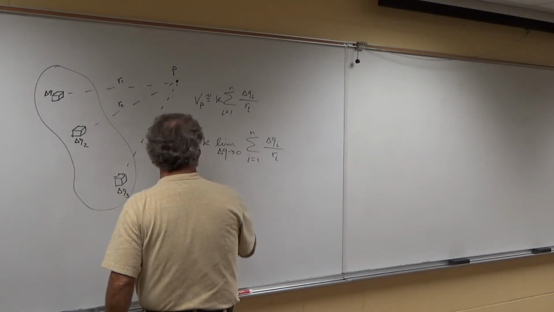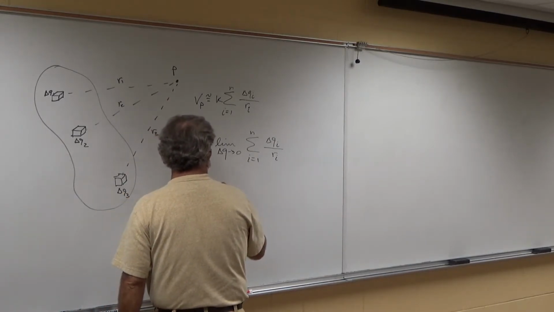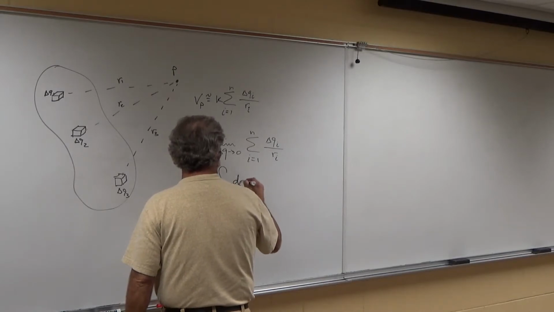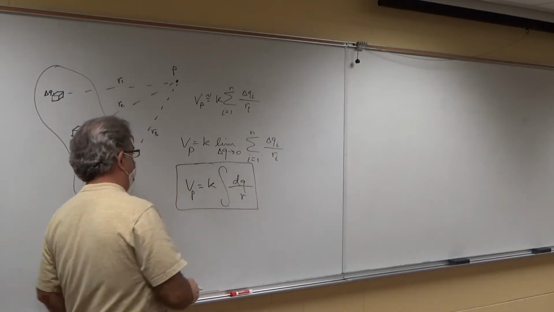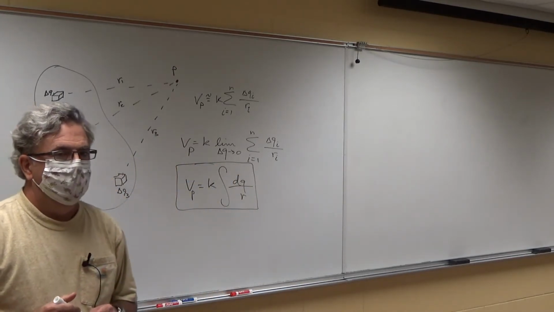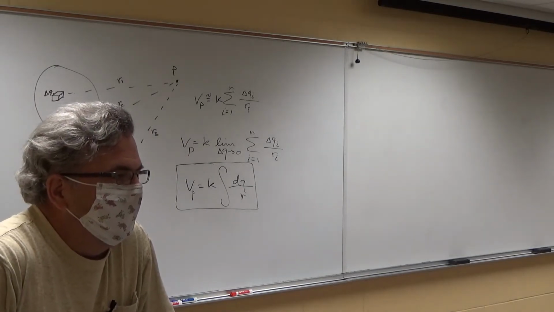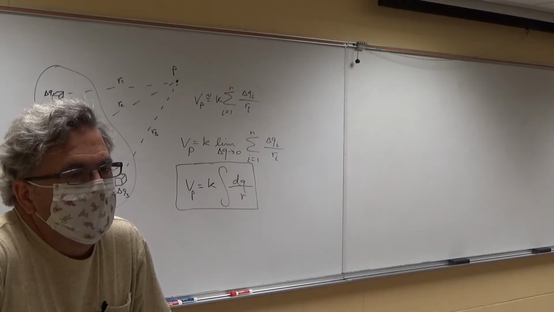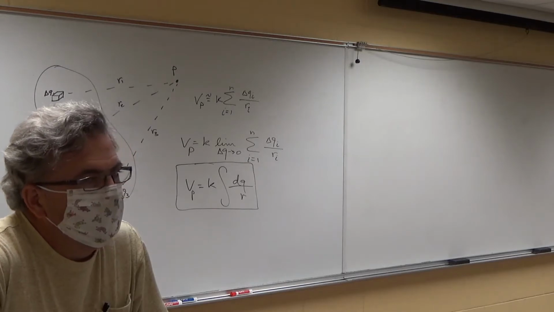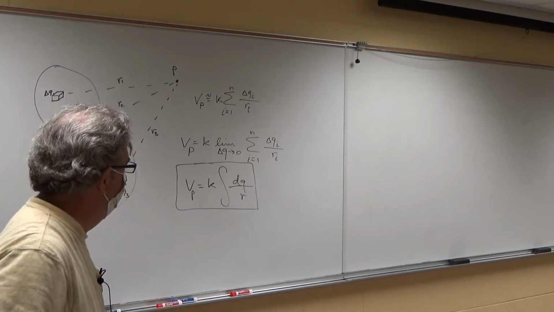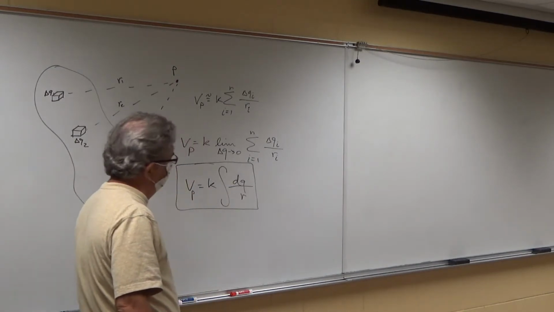And we all know this. V at P is equal to K times the integral of dq over R. That's it. Okay. Delta Q becomes dq. It becomes a little infinitesimal amount of charge. You sum over wherever it lives. And R is the distance from that little bit of charge to the point P.